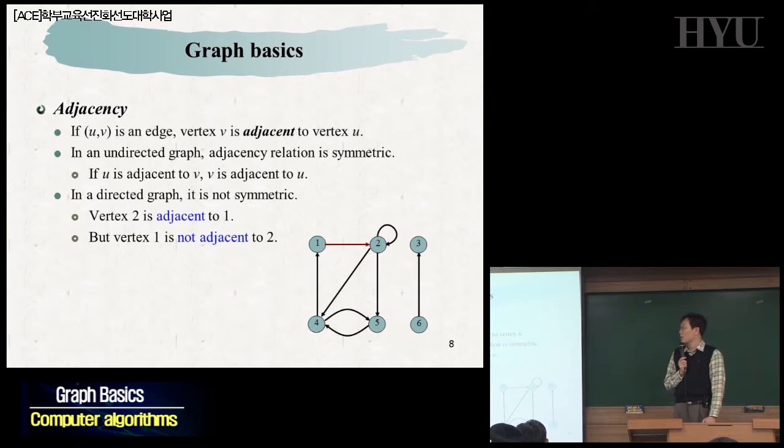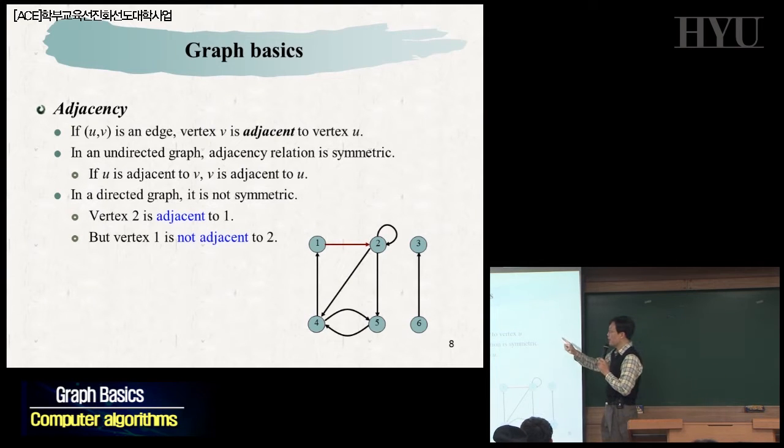And adjacency. If u, v is an edge, vertex v is adjacent to vertex u. Don't be confused. I'm not saying u is adjacent to v. I'm just saying that v is adjacent to u. Okay?